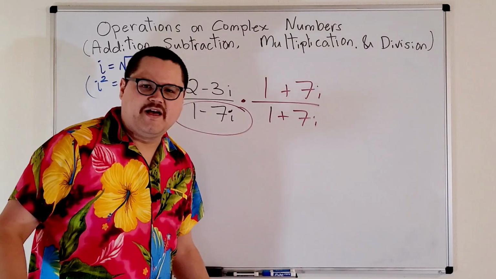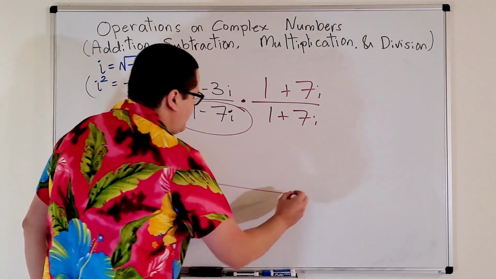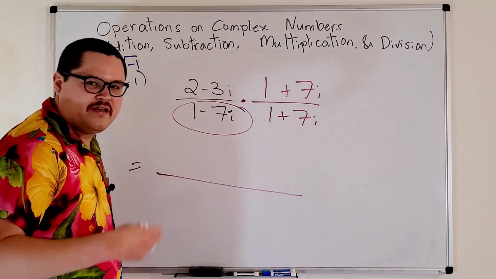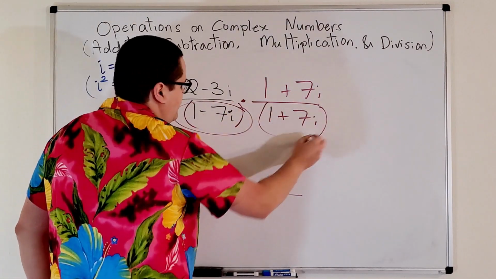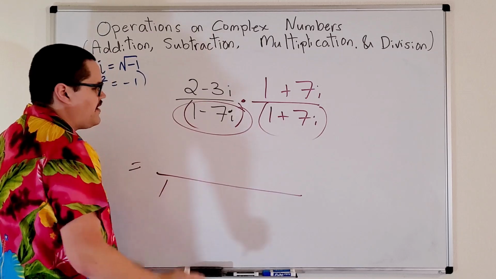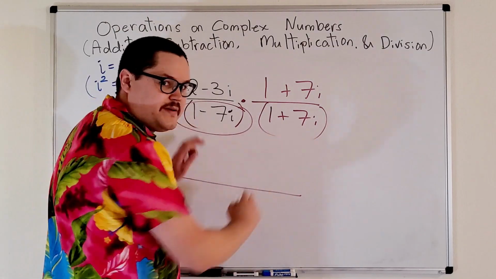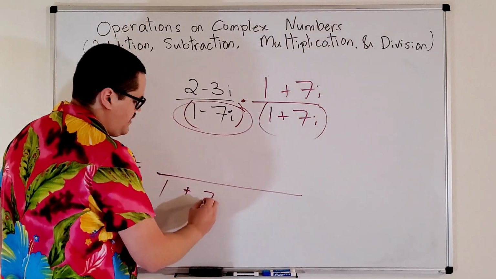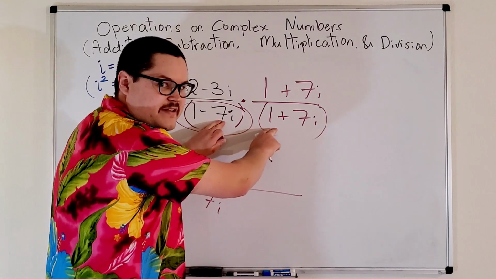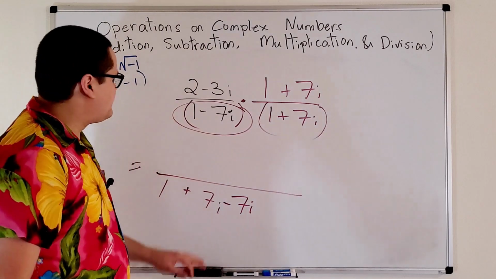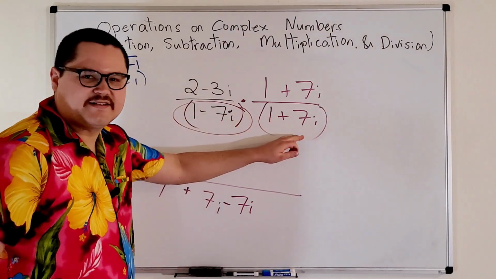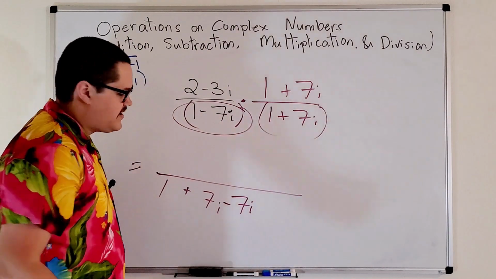Let me show you. On the bottom, if we FOIL this out, I'll just do it for once. So first times first, 1 times 1 is 1. Outer terms, 1 times 7i is 7i. Inner terms, negative 7i times 1 is negative 7i. And last terms, negative 7i times positive 7i, negative 49i squared.